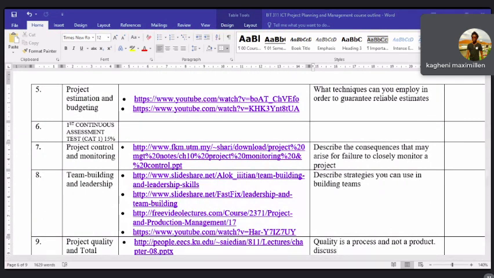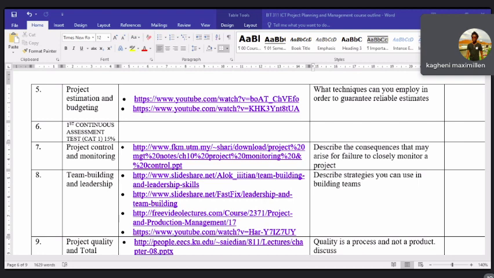We shall look at project estimation and budgeting. What techniques can you employ in order to guarantee reliable estimates? We carry out many estimates in life. There's a lot of work we do which relies on estimation. For example, a budget is an estimate. It cannot be very accurate.